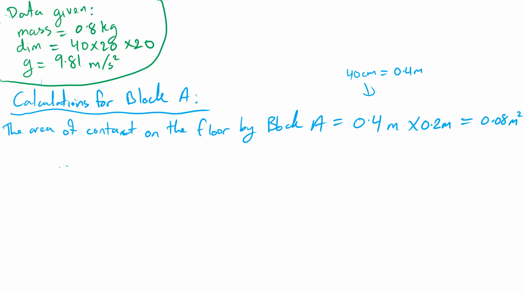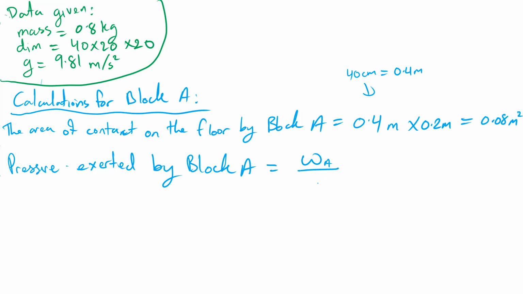So to determine the pressure exerted by block A, it will simply be the weight of block A divided by the area of block A. So the weight, as you can see, the mass is 0.8 kilograms, and we need to convert that into newtons.